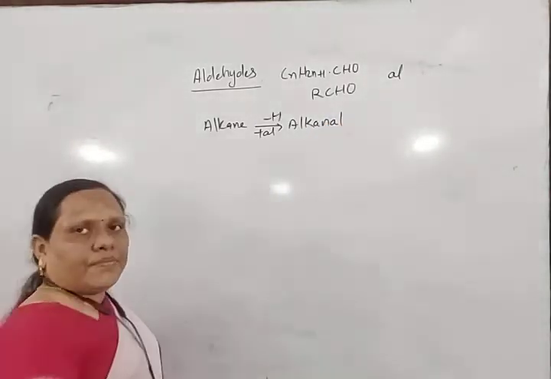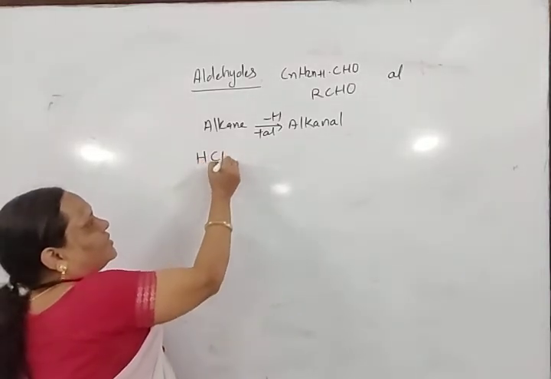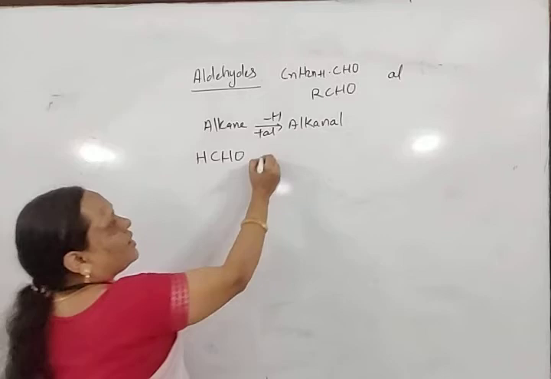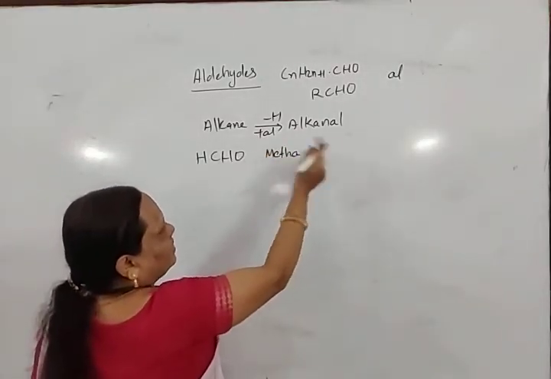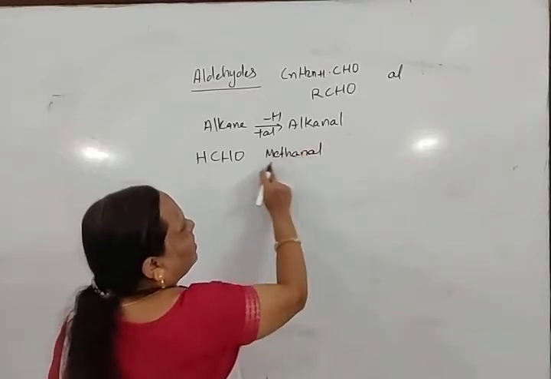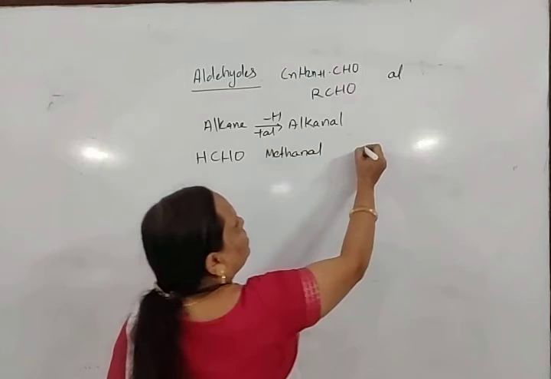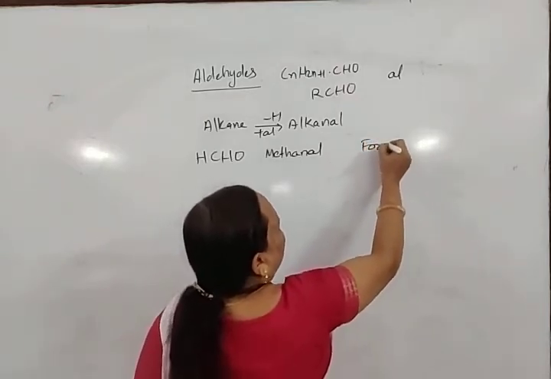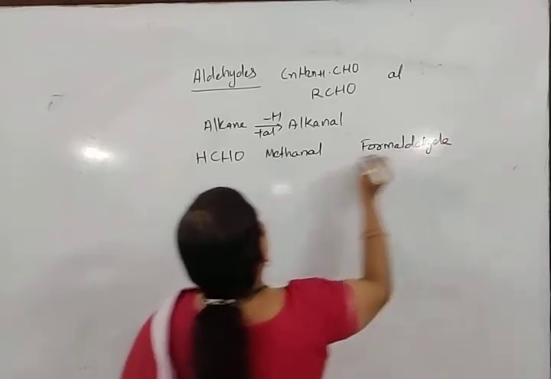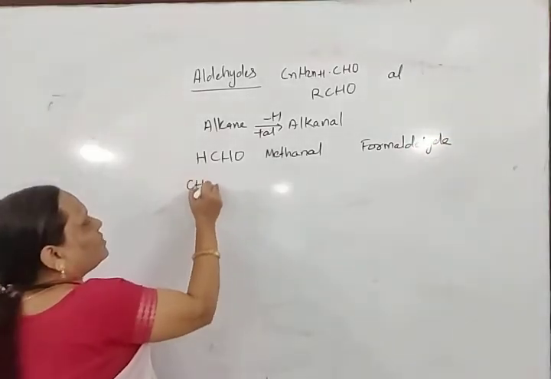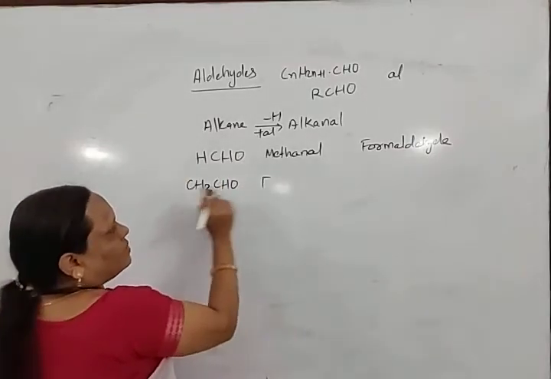And now the common names of aldehydes. First compound, HCHO, single carbon. So from methane, the E is removed and Al is added, giving methanal, but its common name is formaldehyde. Similarly, CH3CHO, two carbon atoms are there.